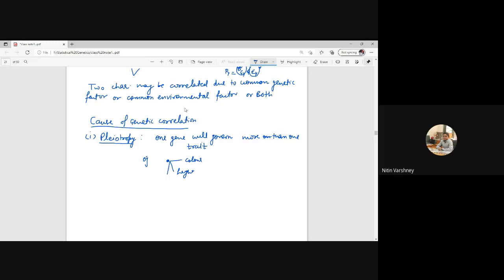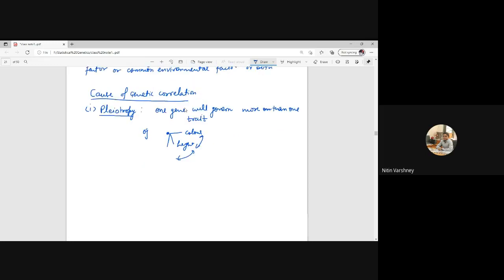So due to pleiotropy, these characters will be correlated to each other. That's why one gene will govern more than one trait. Actually only a single gene is governing too many characters, so there will be correlation between the characters. So this is the main cause of correlation. Second cause is linkage.